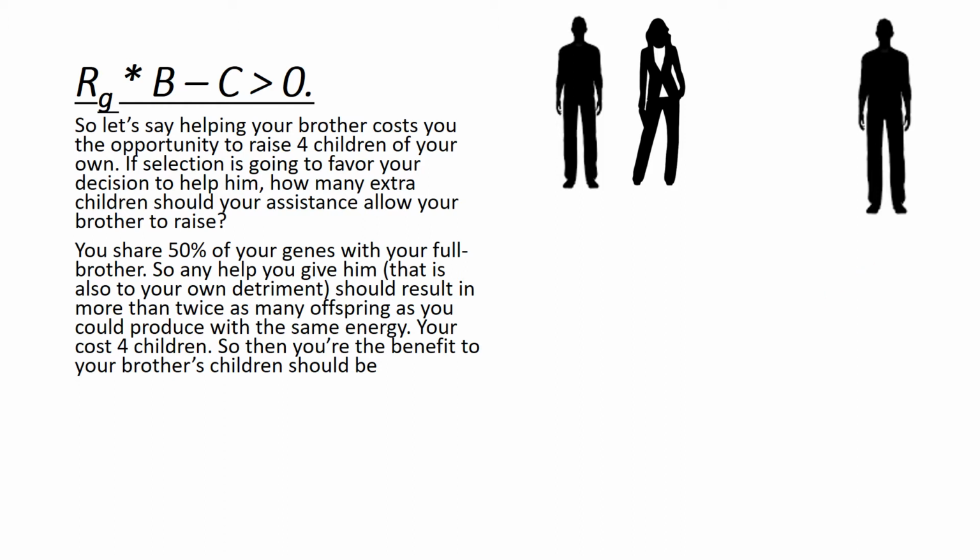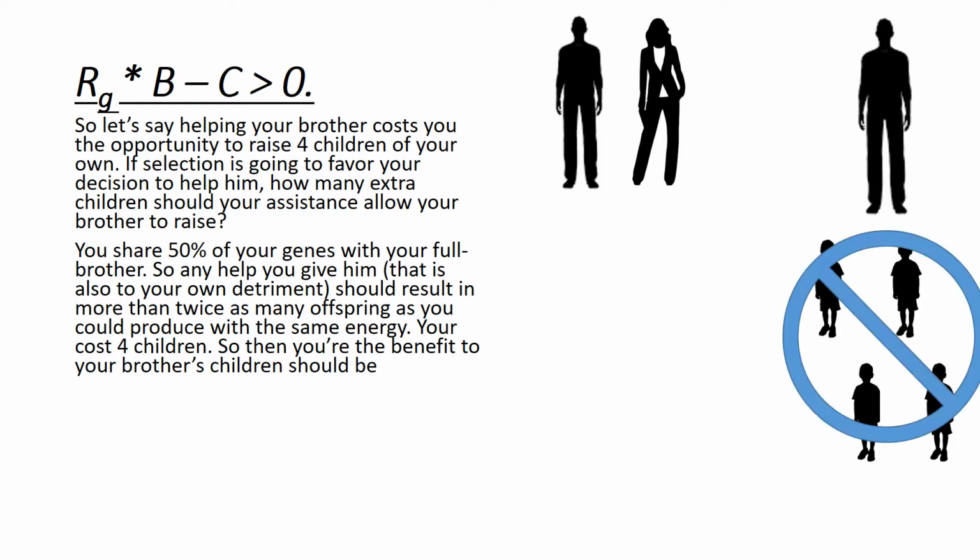So you just gave up 4 children of your own. You're not going to get to have them. How many extra children should your assistance help your brother and his wife to raise in order for this decision to make sense according to Hamilton's rule?